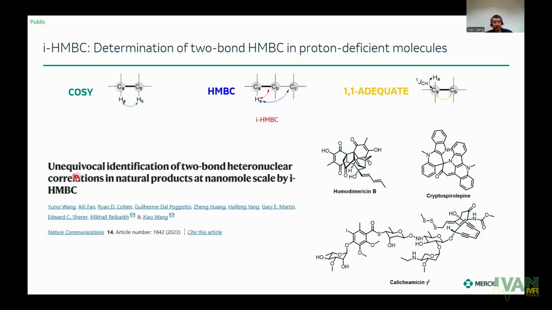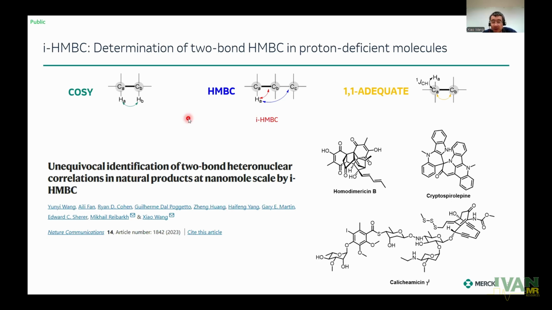Just a brief recap of the i-HMBC. The original purpose of developing the i-HMBC methodology was aiming for the determination of the two-bond HMBC correlations for proton deficient molecules.